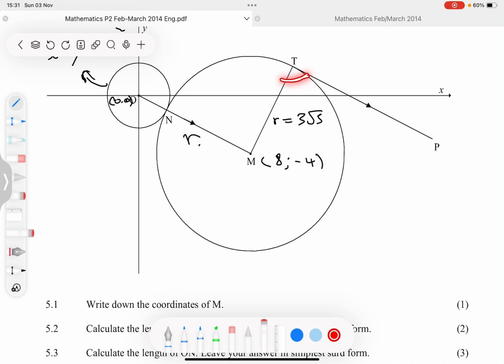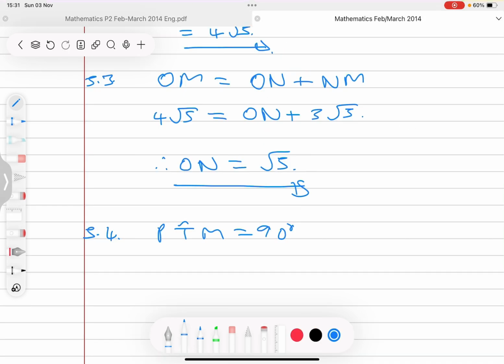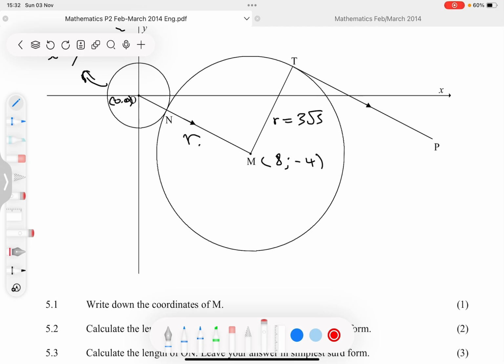I'm saying the angle PTM, this angle here, is equal to 90 degrees. The reason is, you have to give your reason, even if this is not Euclidean geometry, you still have to give the reasons. They mark that. We know that the tangent is perpendicular to the radius, right? If you draw a tangent to a circle, that tangent will make a 90-degree angle with the radius.